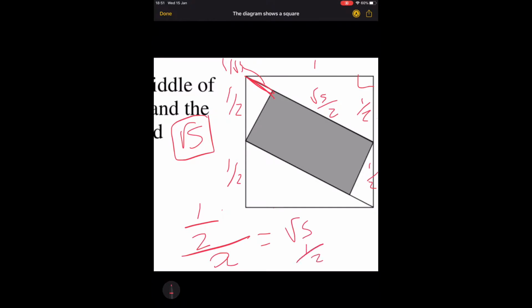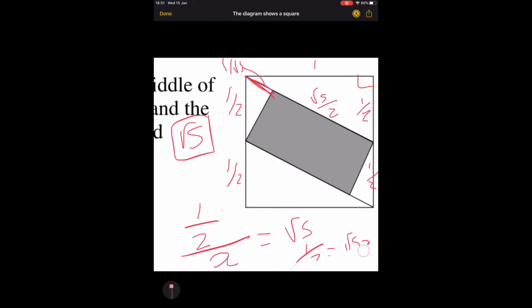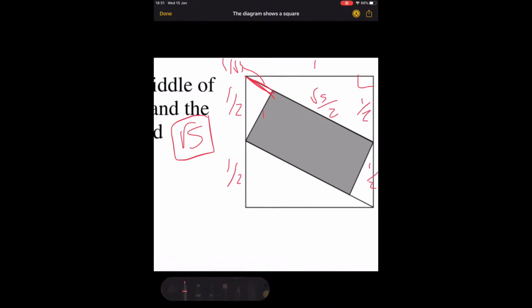So half equals root 5 x, so x equals 1 over 2 root 5. So 1 over 2 root 5 is our height.